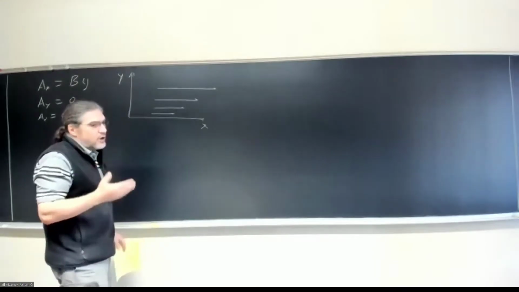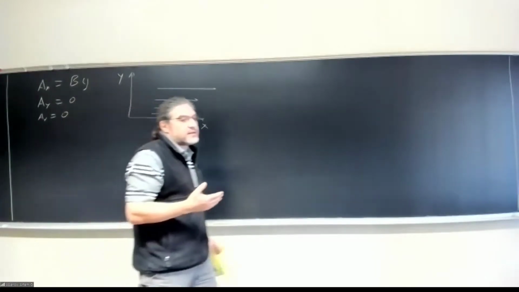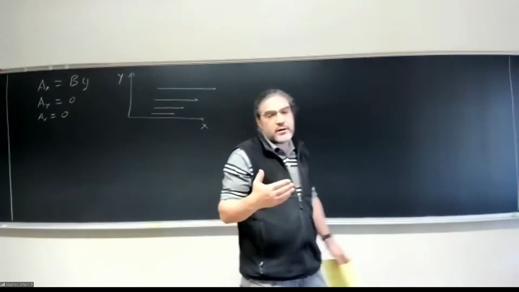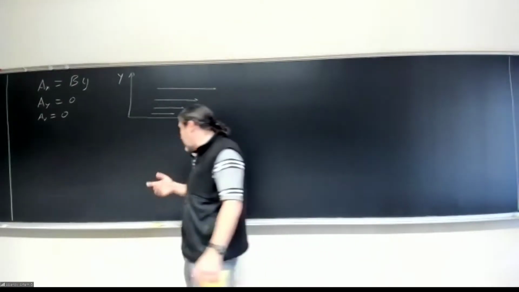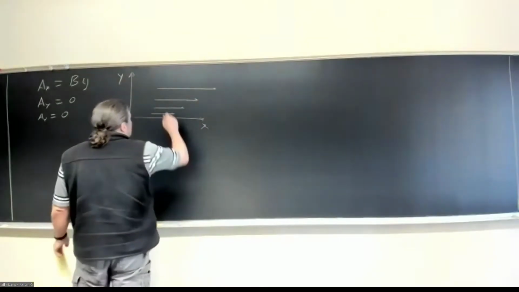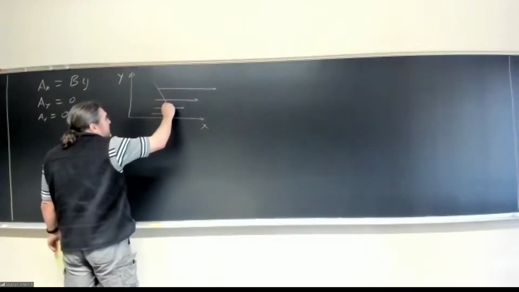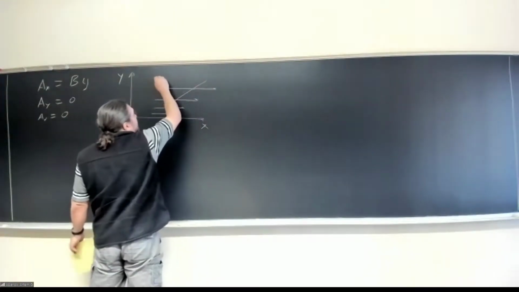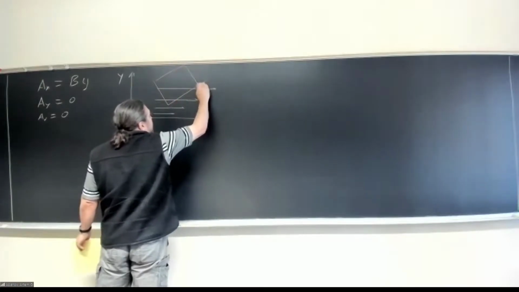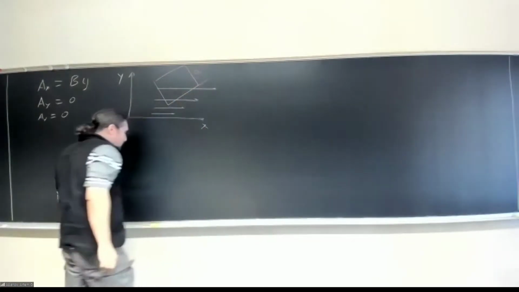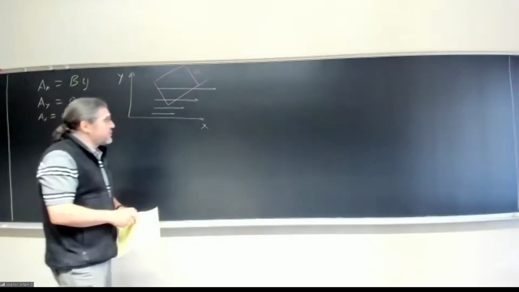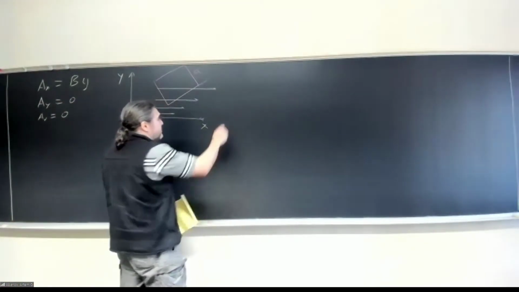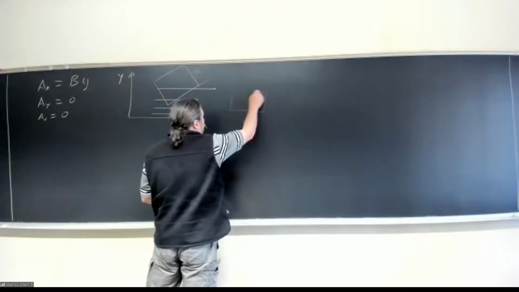First of all, you have to notice that I didn't say that the sides of the square are parallel to x and y. If it's not said, you need to assume that the square is somehow oriented like this. I'm quite sure that the majority of you just assumed that the square is this way.